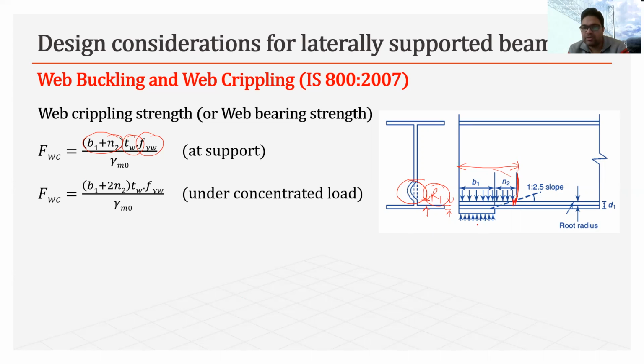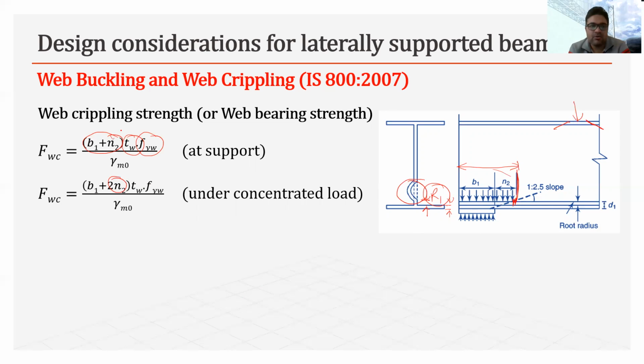of support, and if there is a concentrated load like this one, in that case again the load will disperse in this direction, and the load will disperse in this direction. So in that case, there will be 2 times N2.